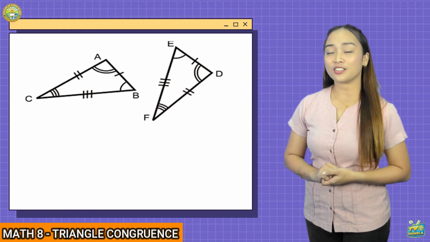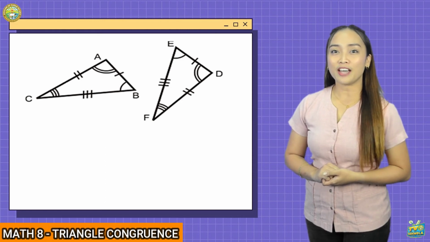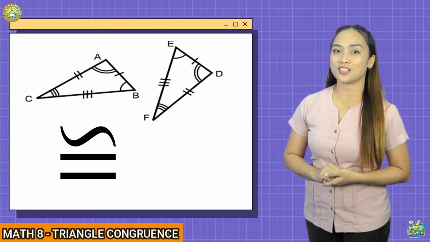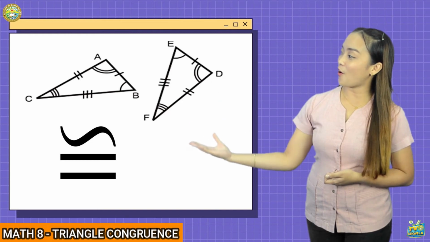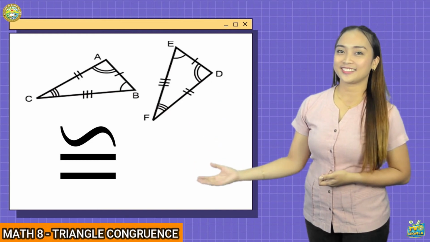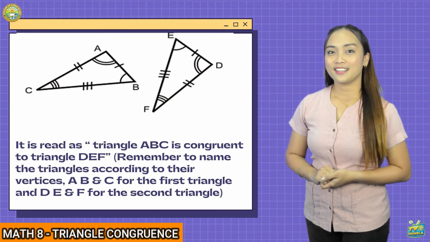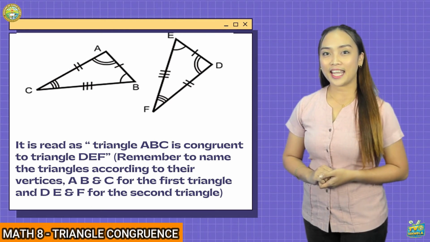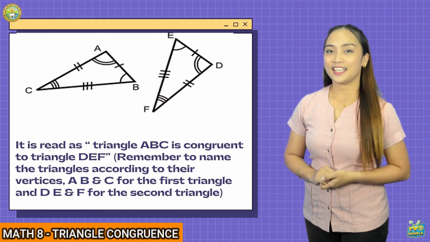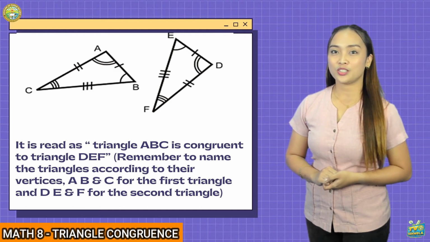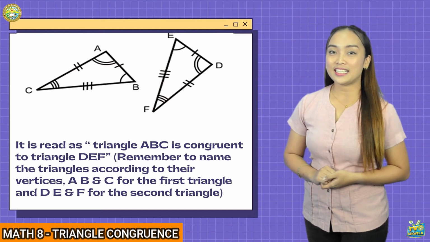In triangle congruence, you have to remember these symbols and what they stand for. It is read as triangle ABC is congruent to triangle DEF.